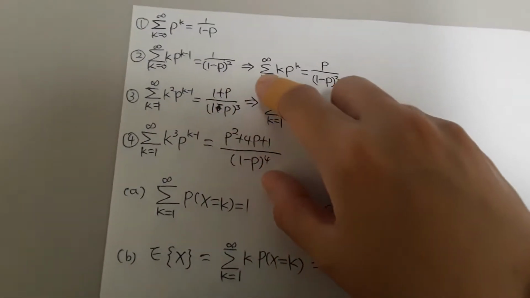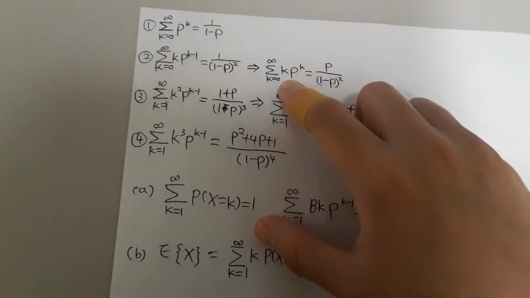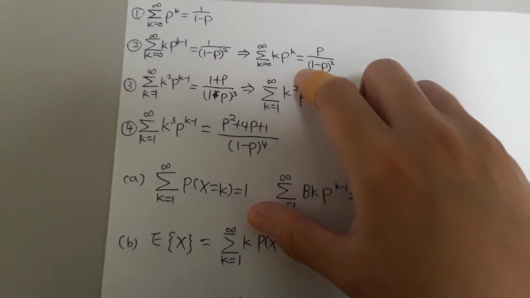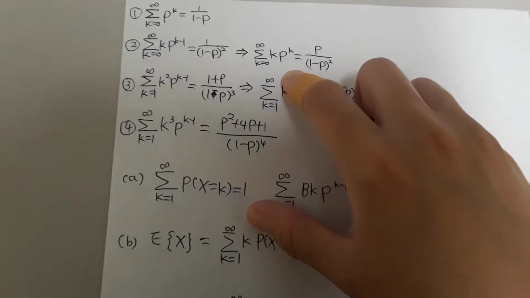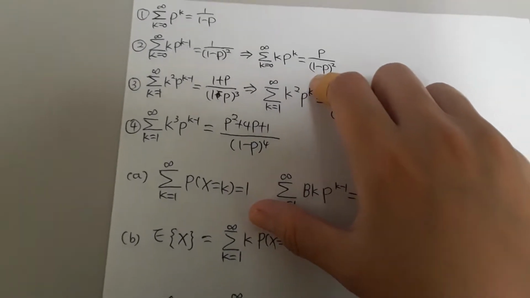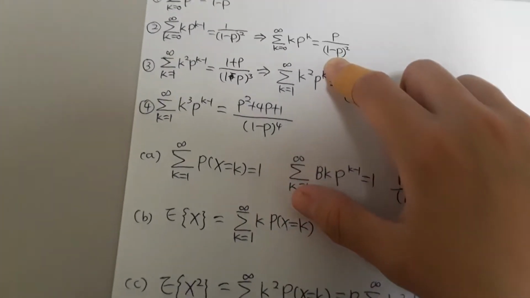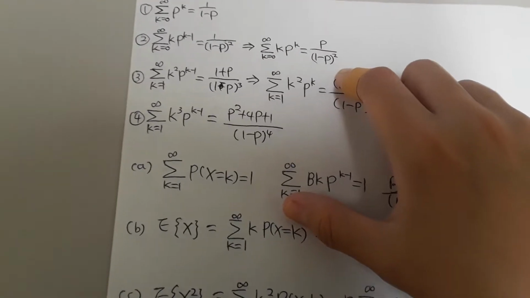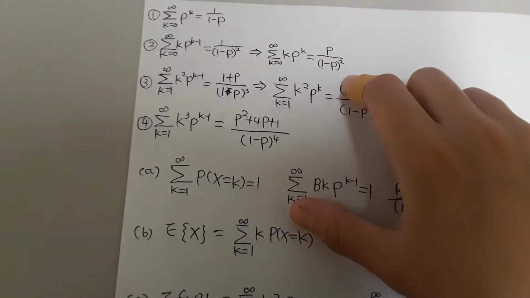The equation will be like this: the sum of k times p to the power of k from k equals 0 to infinity equals p divided by (1 minus p) to the power of 2.